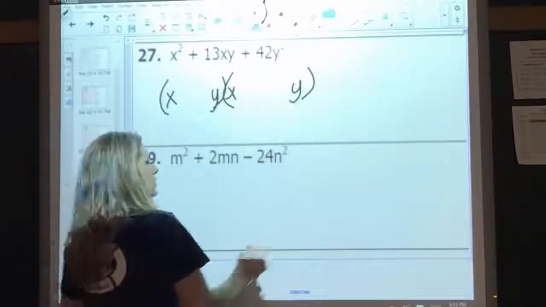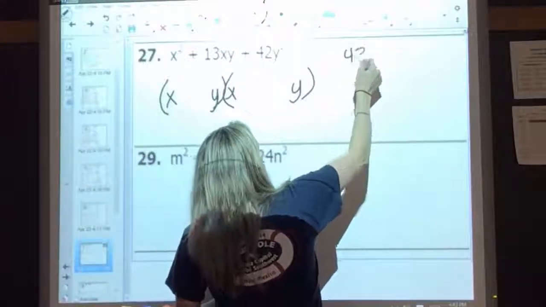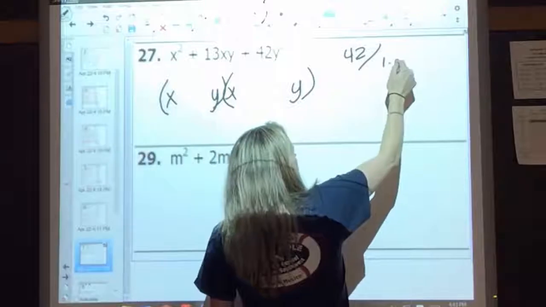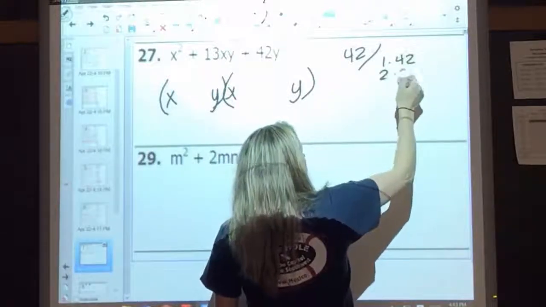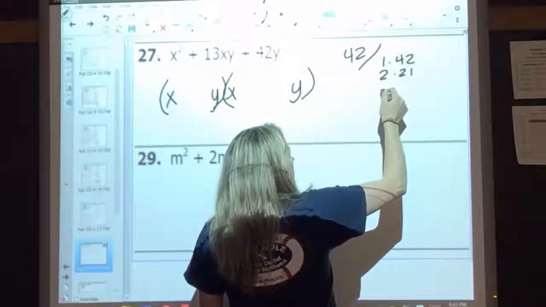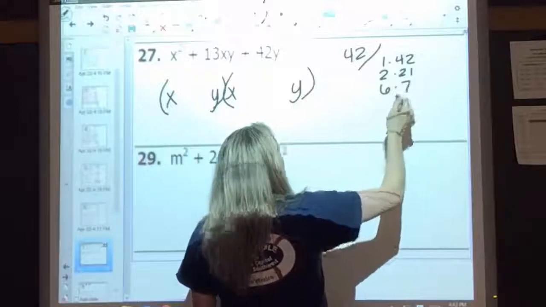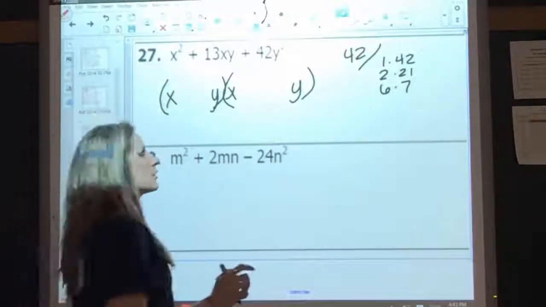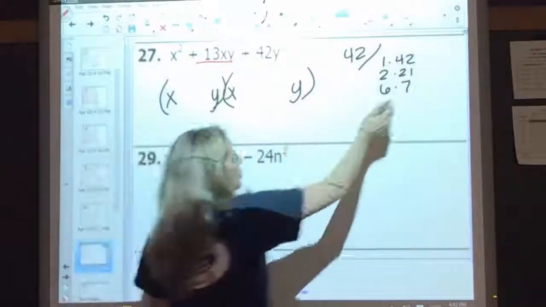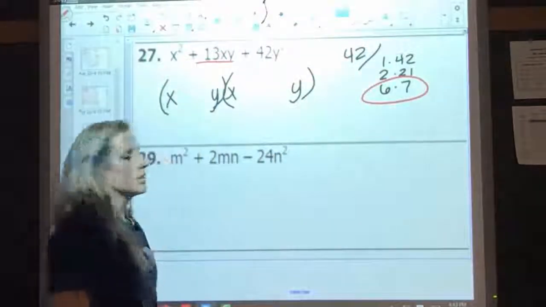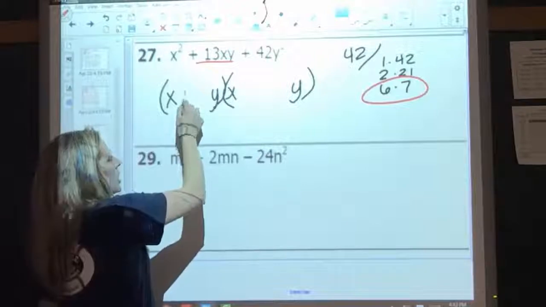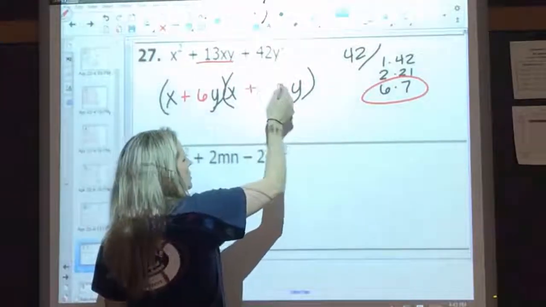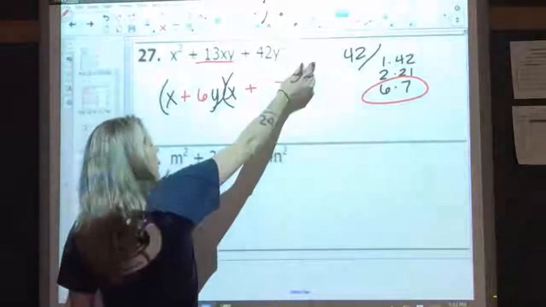You can find your factors of 42, like we have been doing. Okay, so 1 times 42, 2 times 21, 6 times 7. And the two that'll add or subtract to give you 13 in the middle would be 6 and 7. Okay, so I would put plus 6y and x plus 7y for my answer.